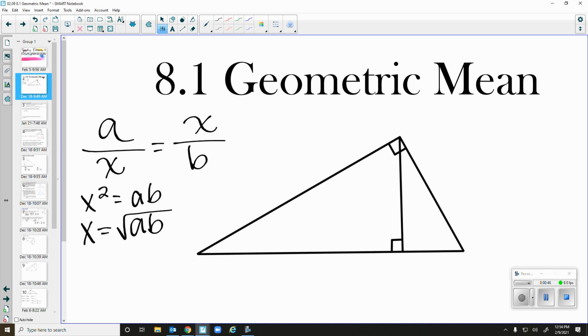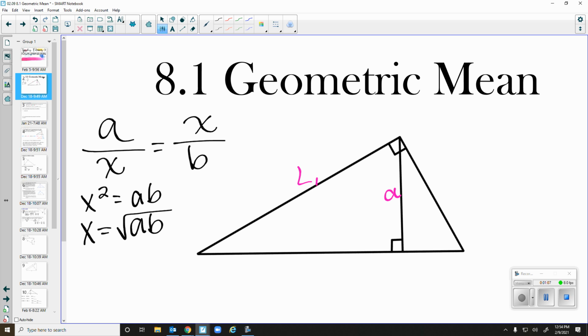So how they're set up, this is your altitude. You have 2 legs of your large triangle. You have a long leg and a short leg. One of them is leg 1, the other is leg 2. It doesn't matter which one you call leg 1 or leg 2, but whatever you do call leg 1 affects what you call segment 1. That was part of yesterday.